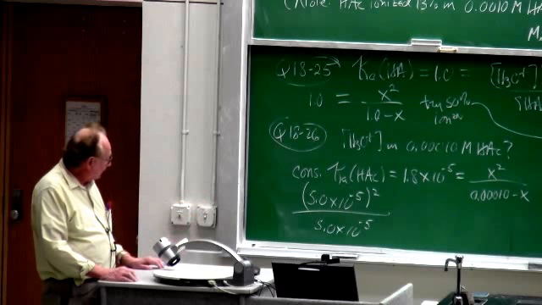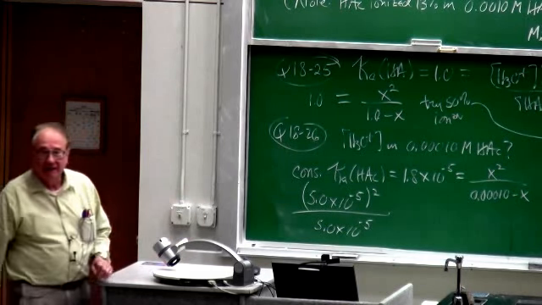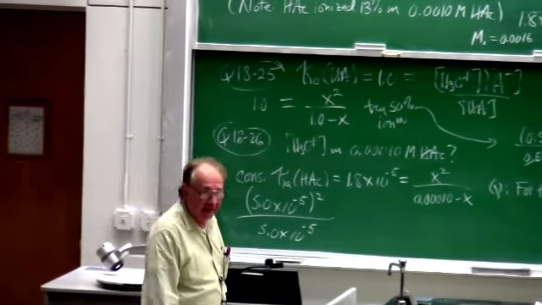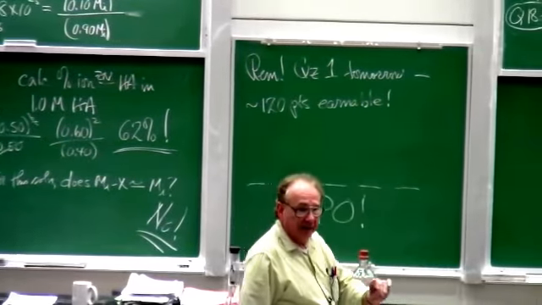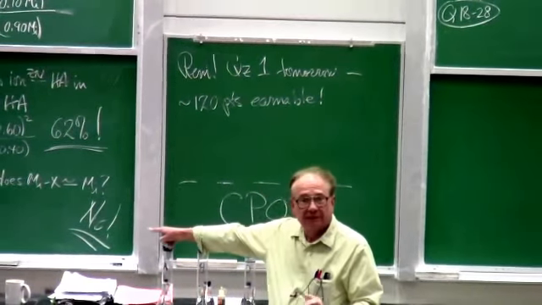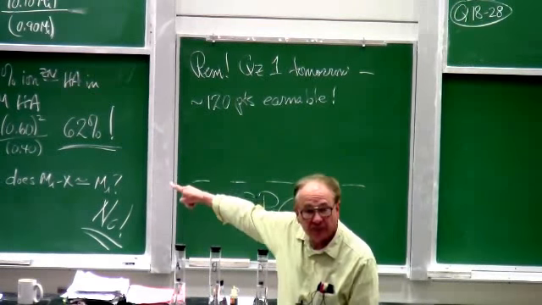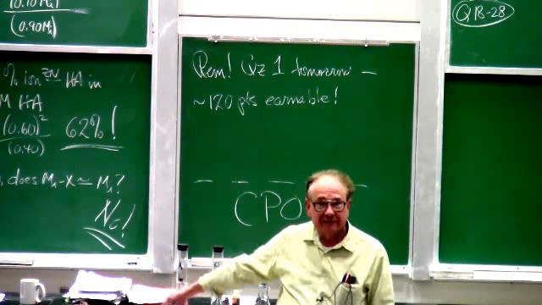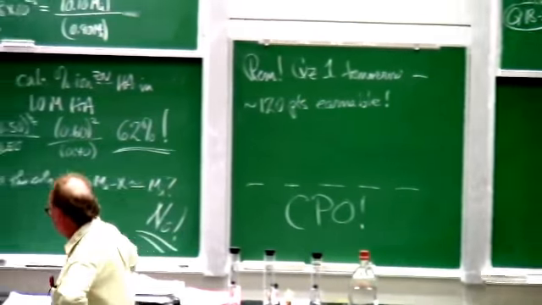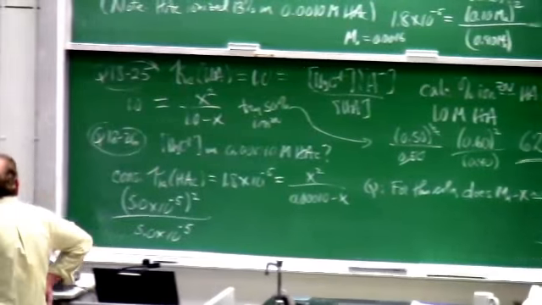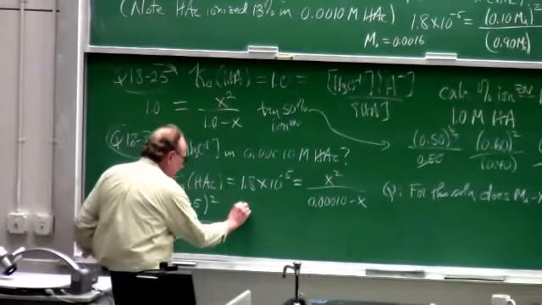And for this problem, half of m sub I, which is 5.0 times 10 to the minus 5, compares how to Ka? Greater than Ka. So we haven't done anything fancy. And we know now for this solution, the extent of acetic acid ionization is greater than 13%, but less than 50%. We know that now. And we haven't done anything fancy. Let's try 30%.